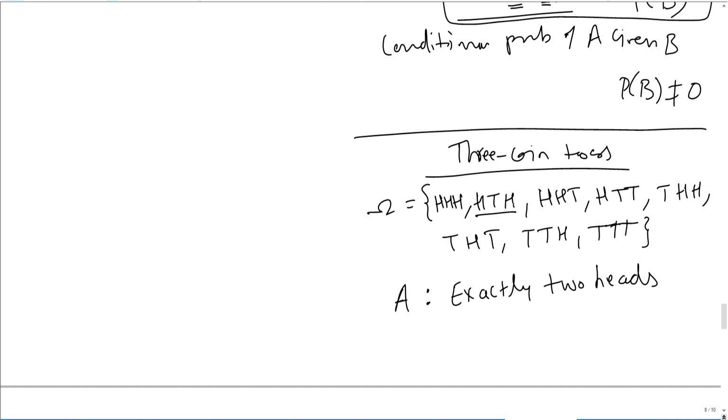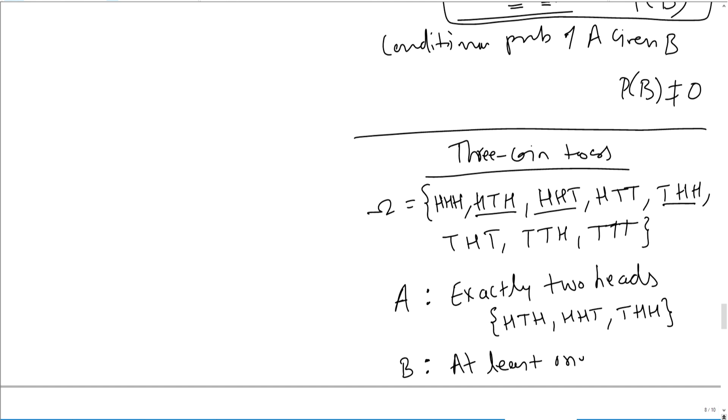This is one possible outcome, this is another, and this is another. In these 3 outcomes you would obtain exactly 2 heads. You can write them like this: HTH, HHT, THH.